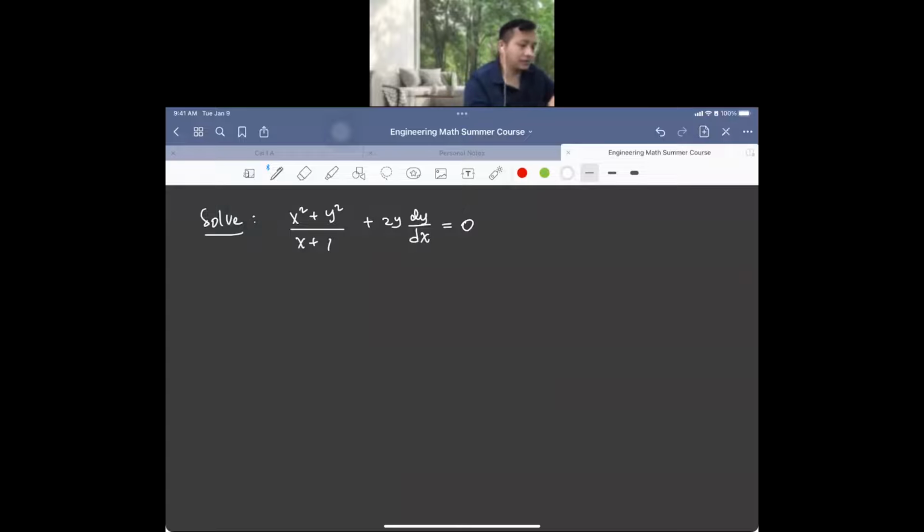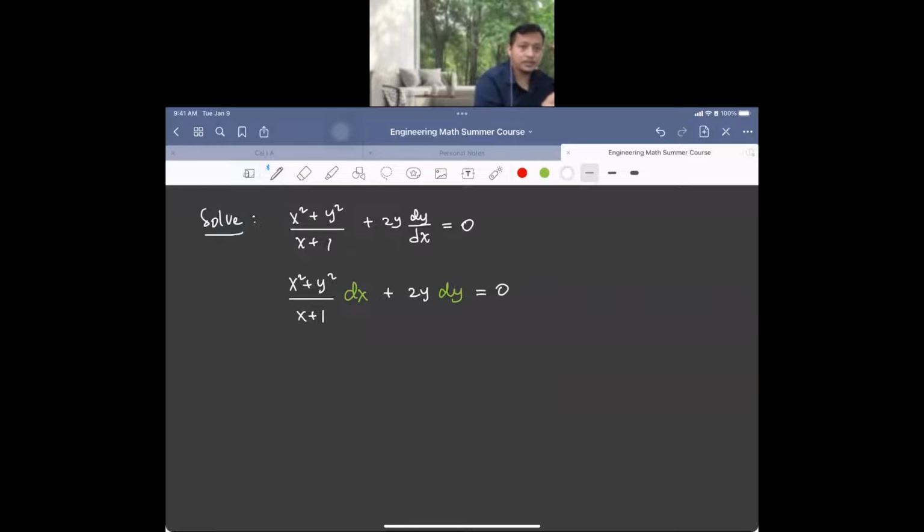Okay, let's start. First thing, we can rewrite this as (x squared plus y squared over x plus 1) dx plus 2y dy equal to 0.